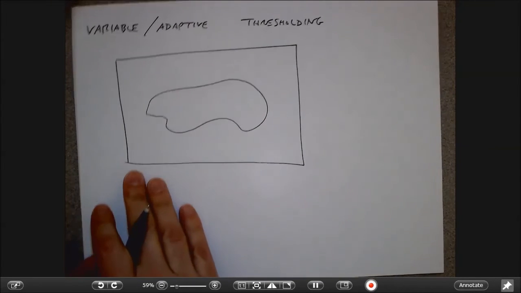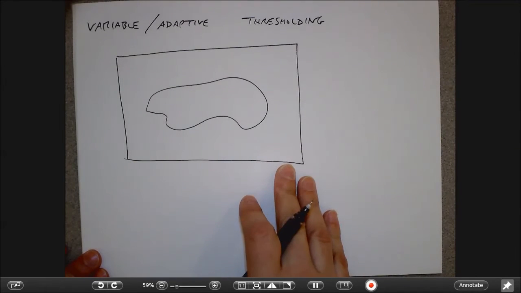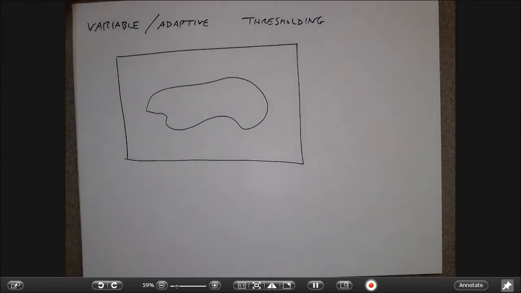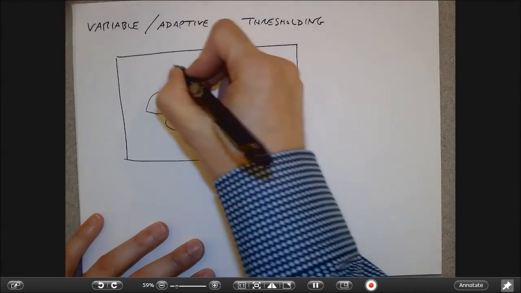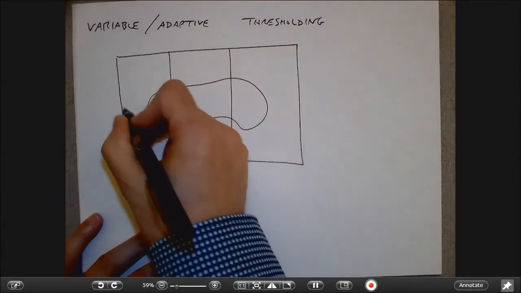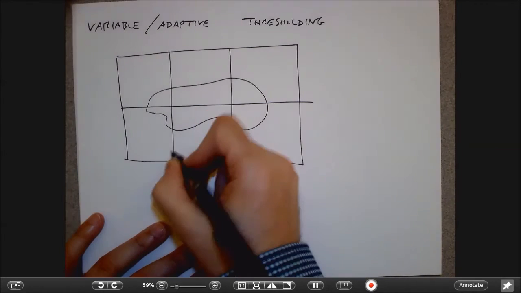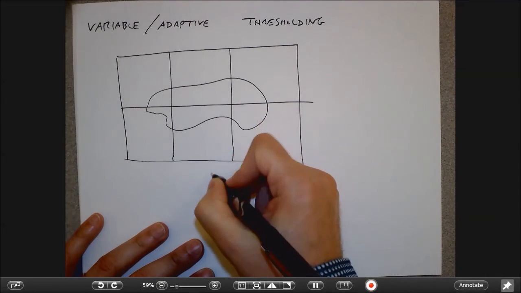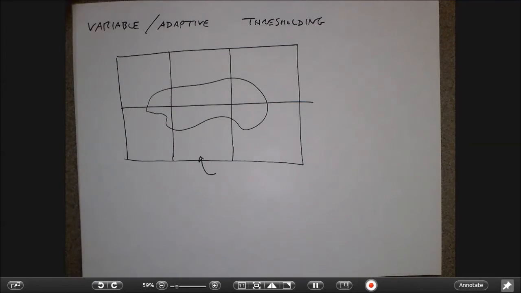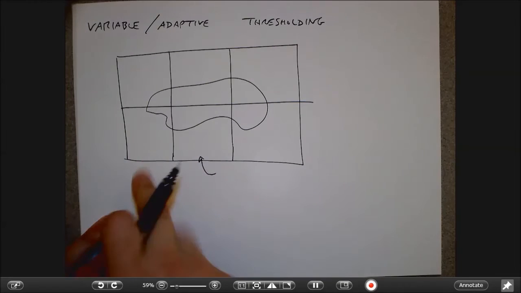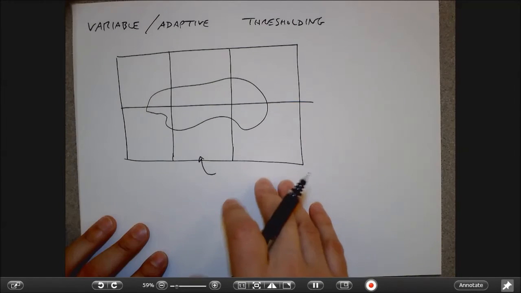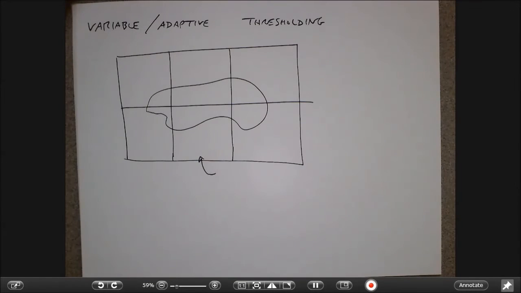If there was a gradient across this image, kind of like that circle that I drew earlier, one thing that I could try would be, instead of applying the threshold to the whole image, the simplest thing I could do would be to split this image into a bunch of blocks, okay? And I'm going to apply a special threshold, say the Otsu threshold, just per block. Then if there were generally darker pixels over here and generally lighter pixels over there, maybe I would do a pretty good job of dealing with that issue.